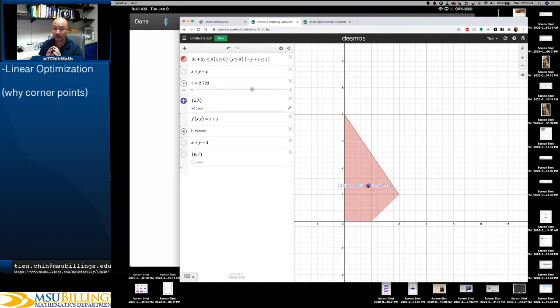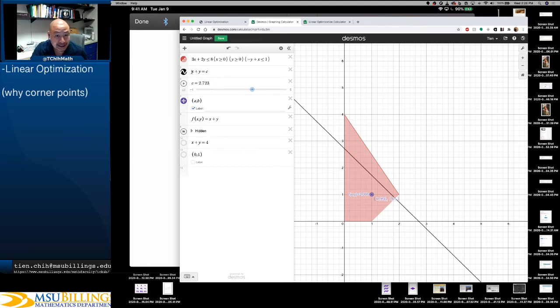So the thing to note is that for every possible output of x plus y, let's go back to x plus y equals, well, as close to 2 as I can get it. x plus y equals 2 is a line, right? It's the same thing as y is equal to minus x plus 2. And so for every possible output, 2, 3, 4, 1.7, a million, there's a line that goes with it.